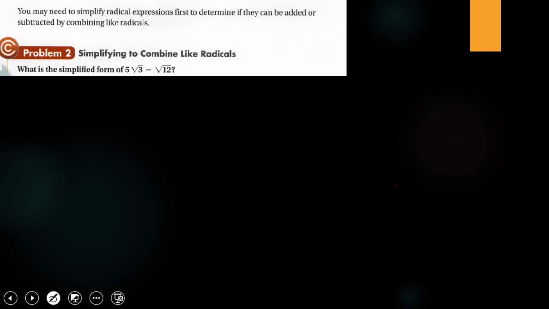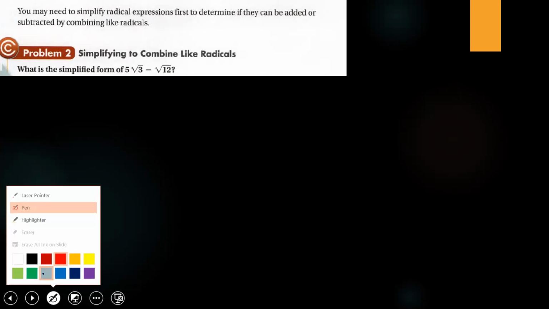But before you tell me that you cannot add them, ask yourself, is the number under the square root a simplified radical? Look at 12. Is it a simplified radical? No. So I want you now to come back to the second lesson, to simplify the radicals, to see if they are the same or not.